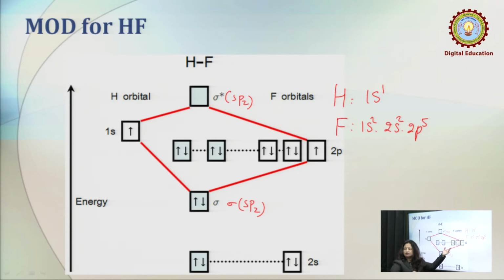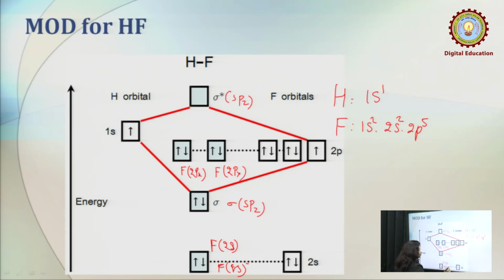This fluorine 2px and fluorine 2py remain at the same energy level. This is fluorine 2px and fluorine 2py. What about this? This is also fluorine 2s, right. Similarly, there might be fluorine 1s, right.